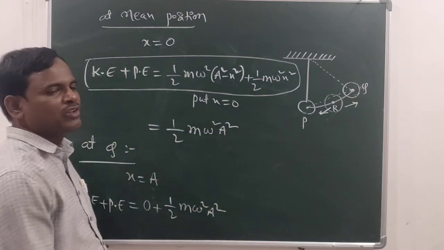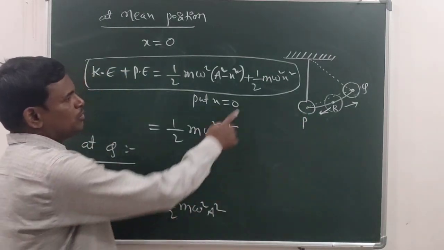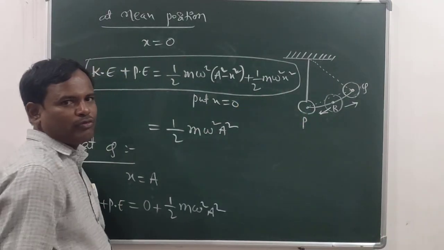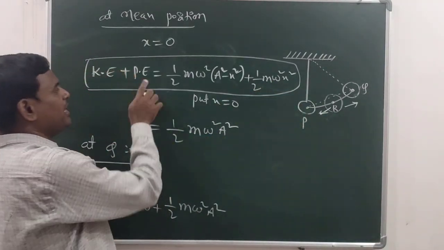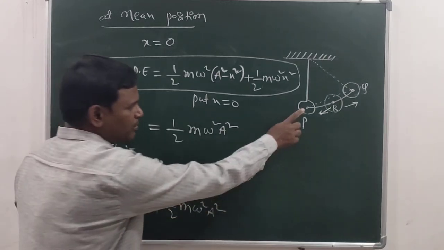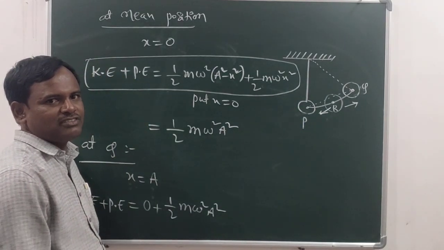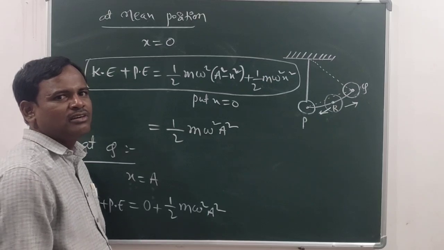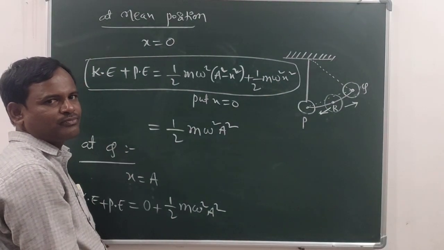Observe one thing. When the bob is at mean position, this part is getting 0, which means that there we find only kinetic energy. When the harmonic oscillator is at mean position, it has only kinetic energy and no potential energy, because we are getting potential energy as 0.